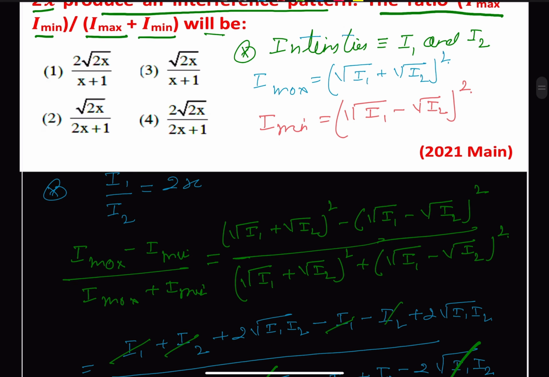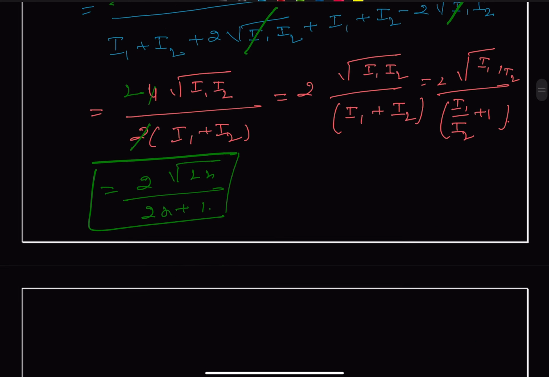So the option is 2 square root of 2x over 2x plus 1. So option number 4 is the correct one. Option 4 is correct.